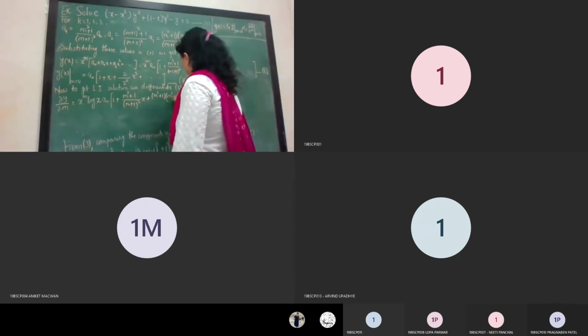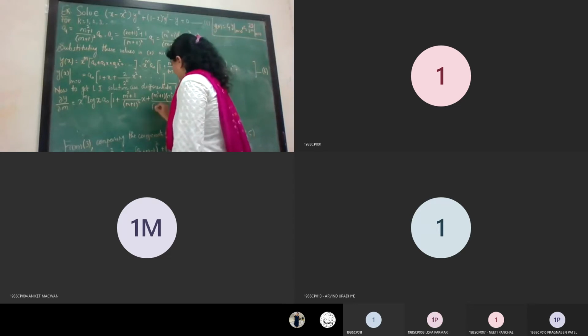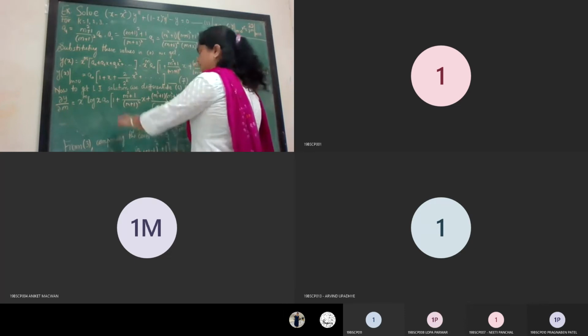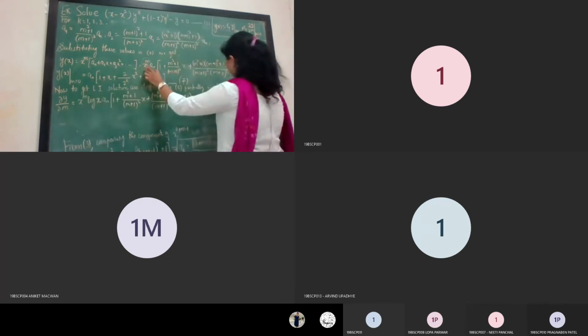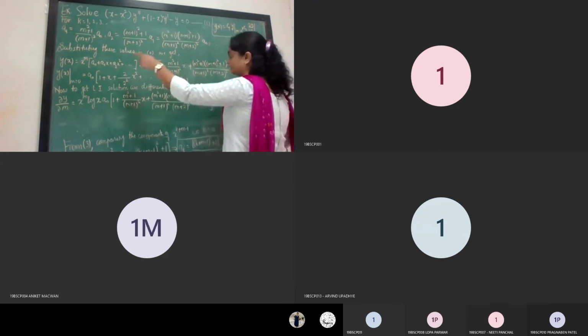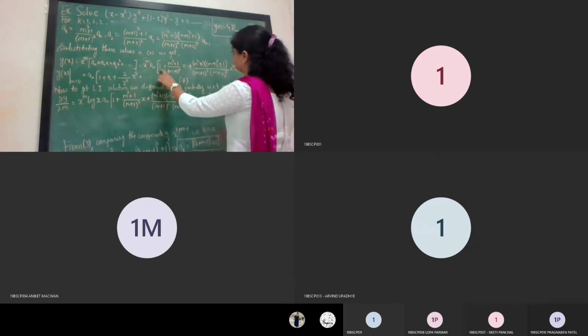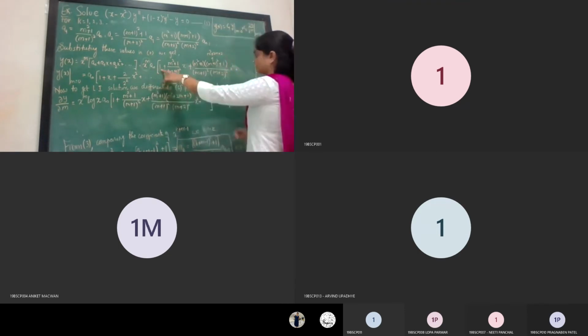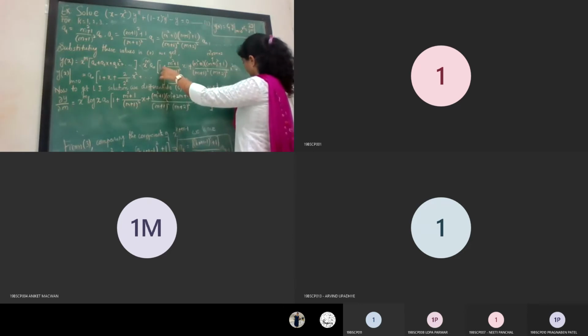So it is now m square plus 2m plus 2, and the denominator is (m plus 4) whole square, (m plus 2) whole square, x square plus up to, plus this term as it is, that is x raised to m and a0 as it is, into the derivative of this one. So while considering the derivative, I am just writing this term as m square plus 2m plus 2.